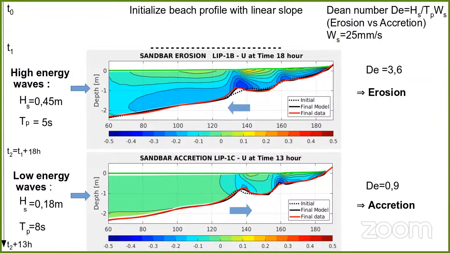It's an interesting number because depending on the wave statistics you put and the settling velocity of the grain size you define, it gives information on which kind of process you have. It could be erosion or also accretion. So for a high number, you have erosion. And according to the result, we have also a reproduction, so it's great.